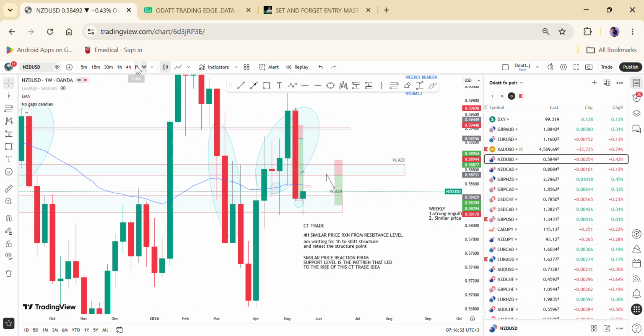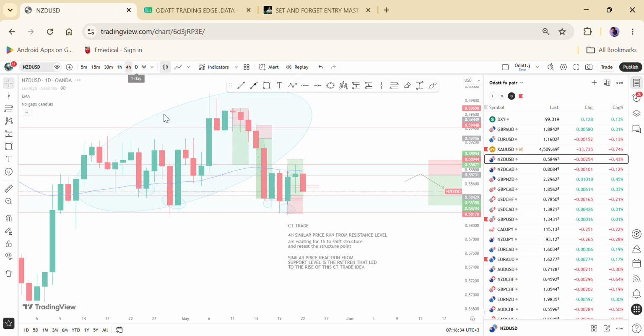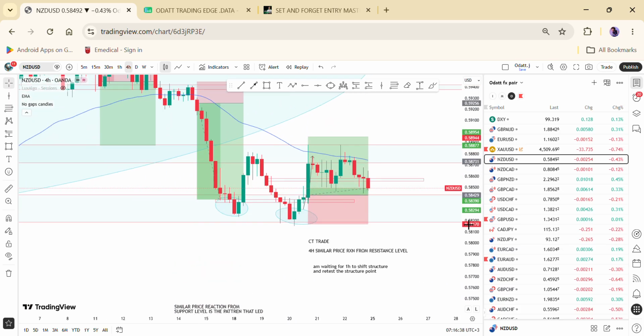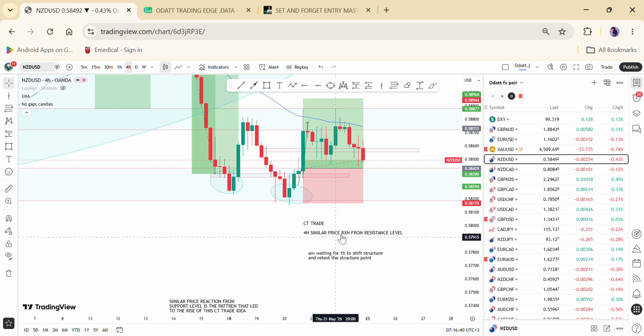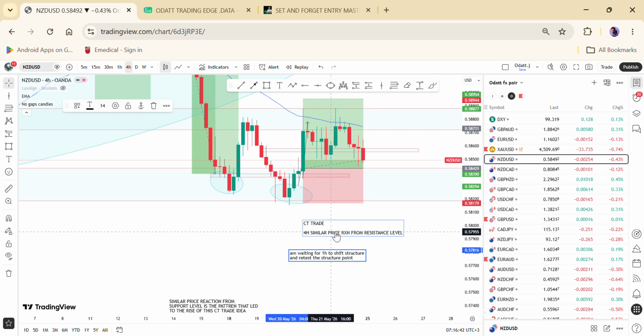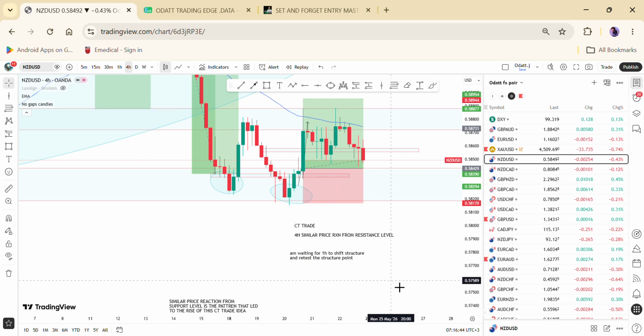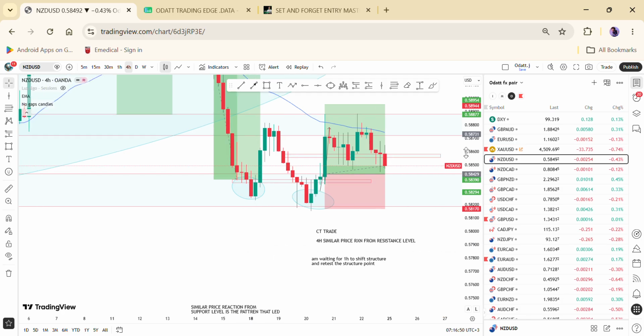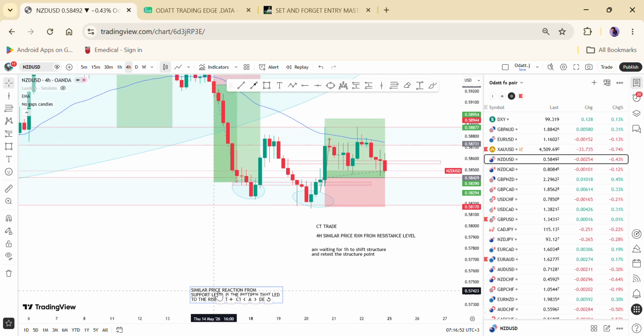But as you can see here on 4H time frame, I have this counter trend trade idea, where there was similar price reaction at the 4H price level. So this was the counter trend trade.